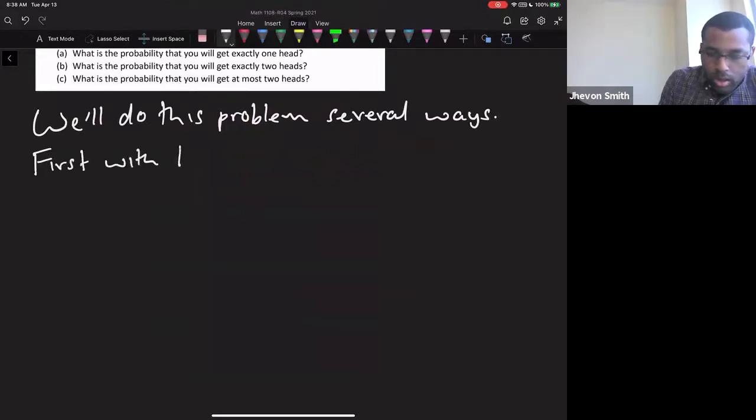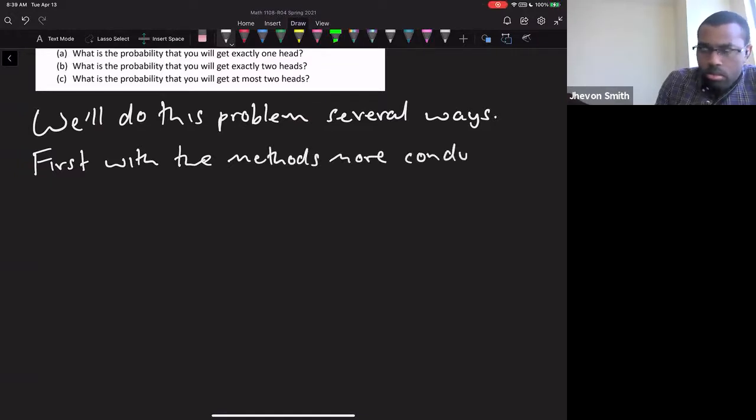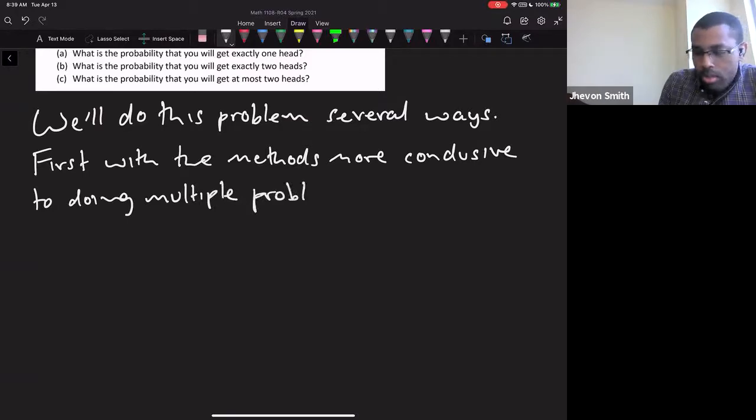First, with the methods more conducive to doing multiple problems from a single setup.